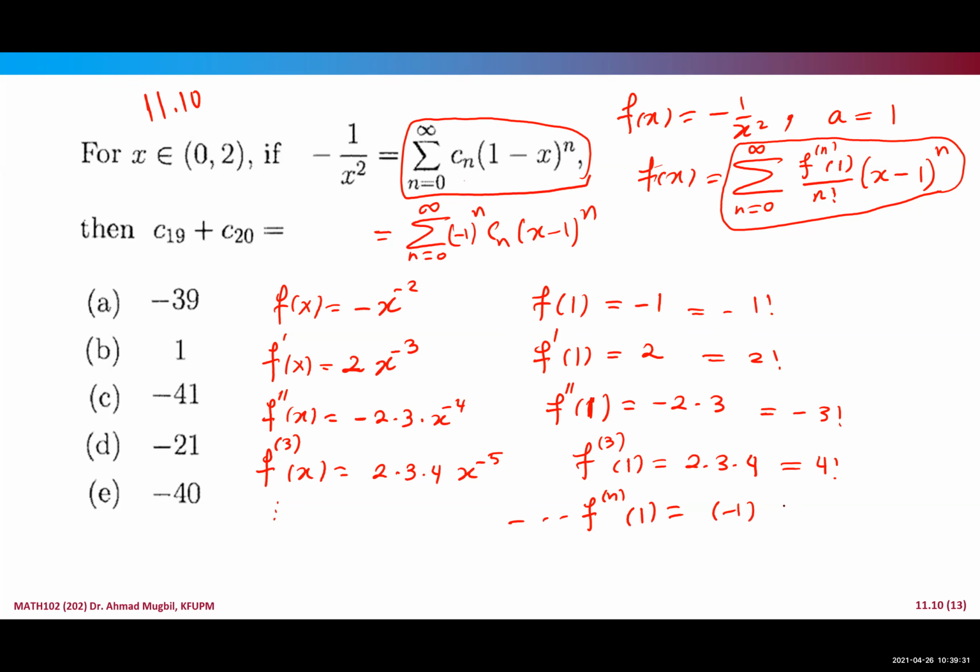Negative 1 to the power what? n plus 1 factorial, right? When the derivative is the third derivative it is 4, and when it is the second it is 3. Negative 1 to the power what? Is it n? Can we write it n? And n starts from 0, so when n is 0 we get negative, not positive. It is not n, it is n plus 1 or minus 1. Let's choose plus 1 to be the same as that one.